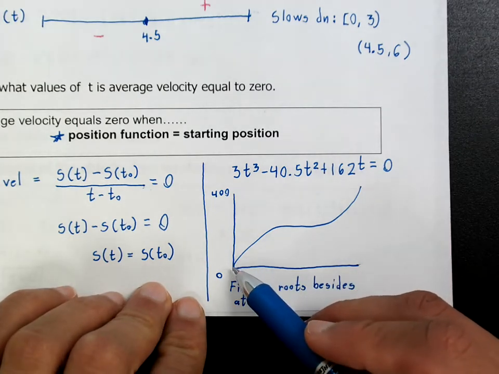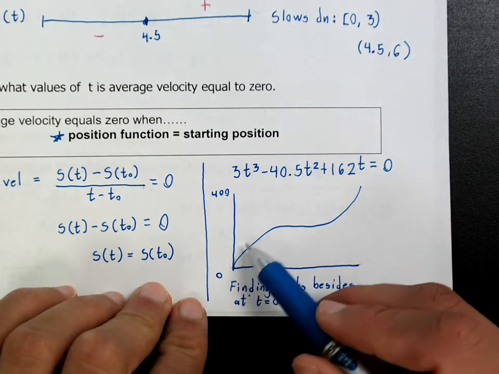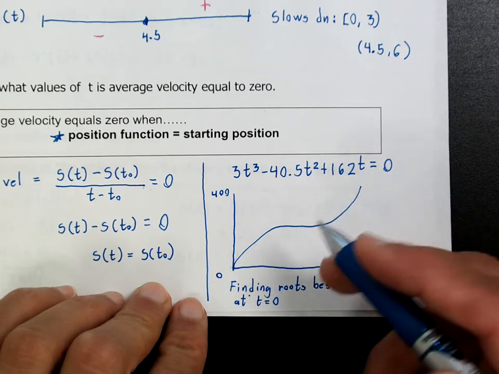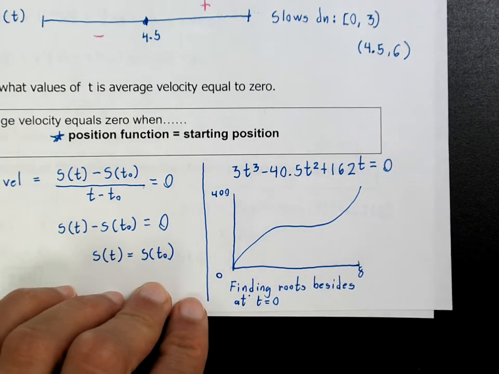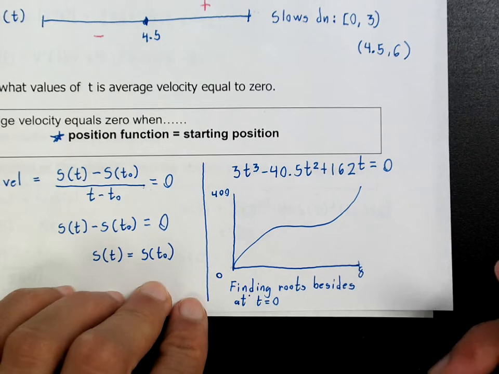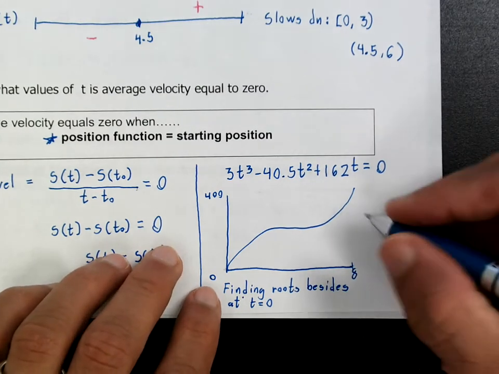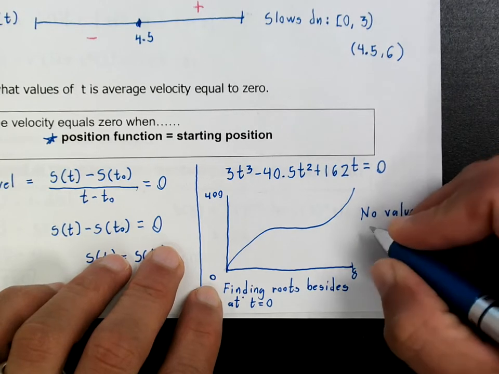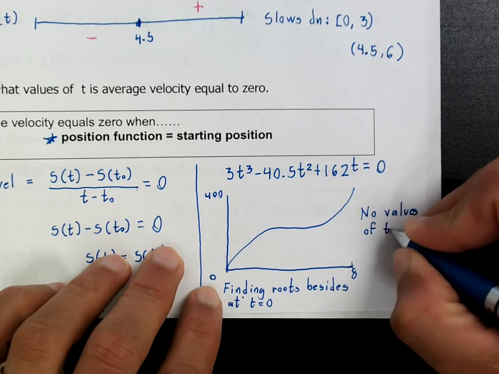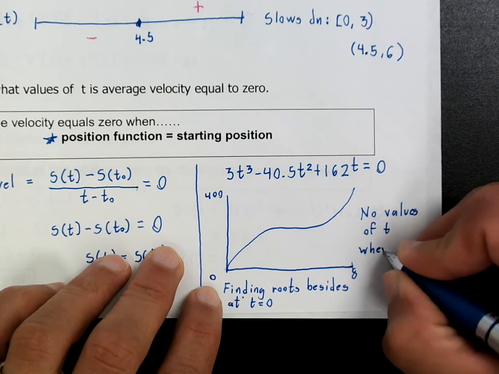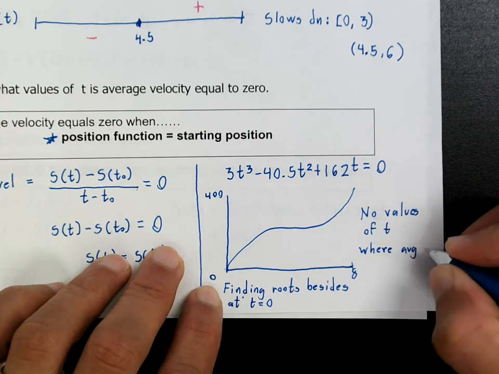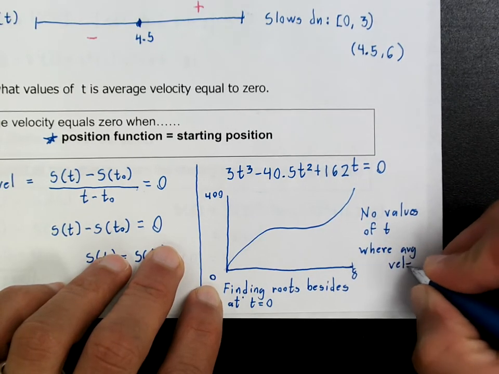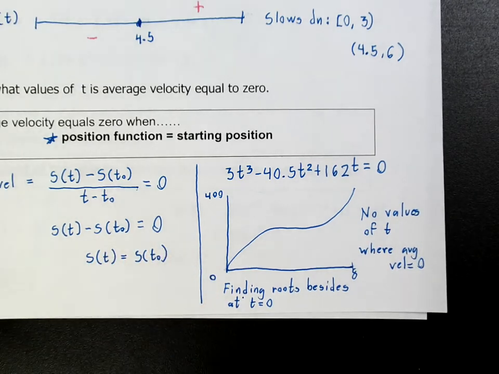But besides this one, I'm trying to look for another root, and if you look at the graph between 0 and 8, that doesn't happen. Because it doesn't happen, there are no values of t where the average velocity is equal to 0.